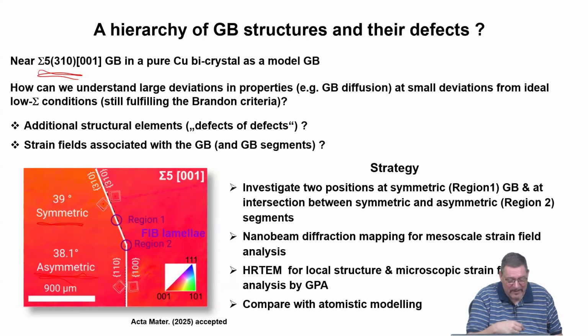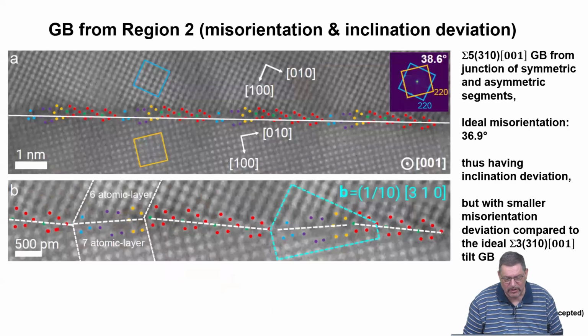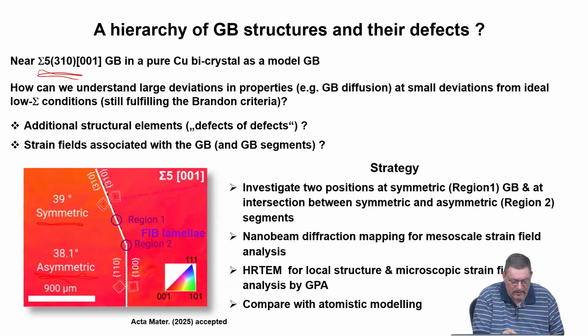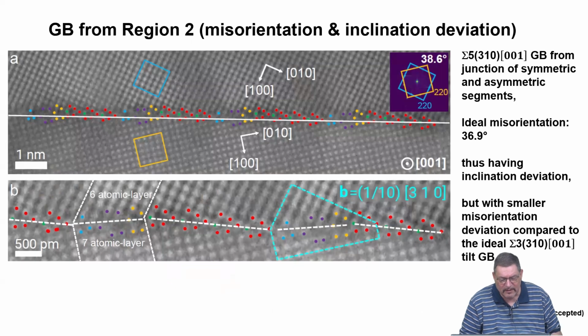Then we investigate these two regions, just to show you how the change in inclination, going from symmetric to asymmetric boundaries, changes the structure. So here we directly go to region 2. This is at the junction between symmetric and asymmetric parts, and this is a high resolution STEM image.